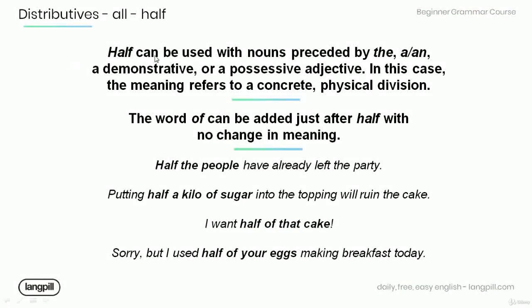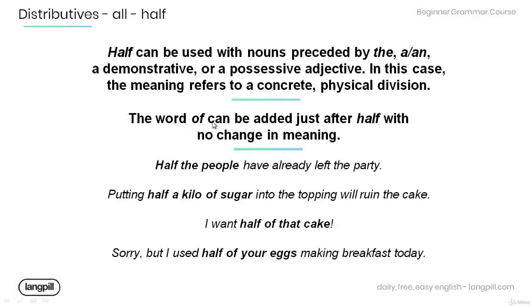And half can be used with nouns preceded by the, a, an, a demonstrative, or a possessive adjective. Now, in this case, the meaning refers to a concrete physical division.